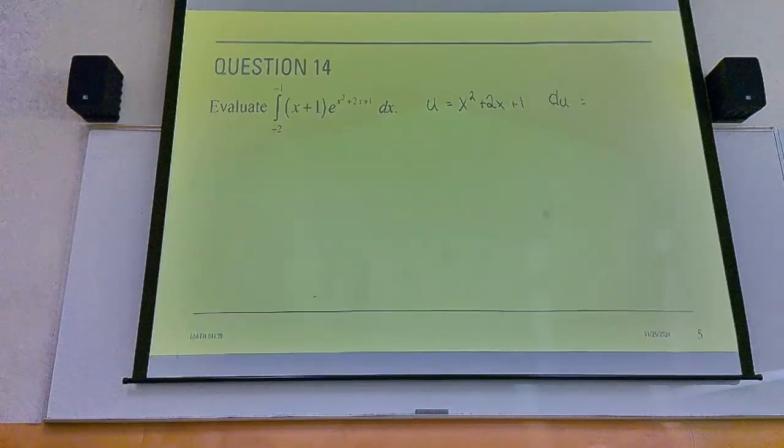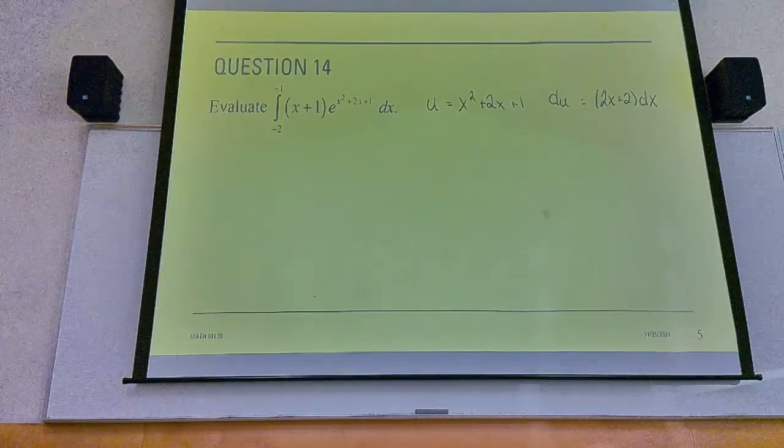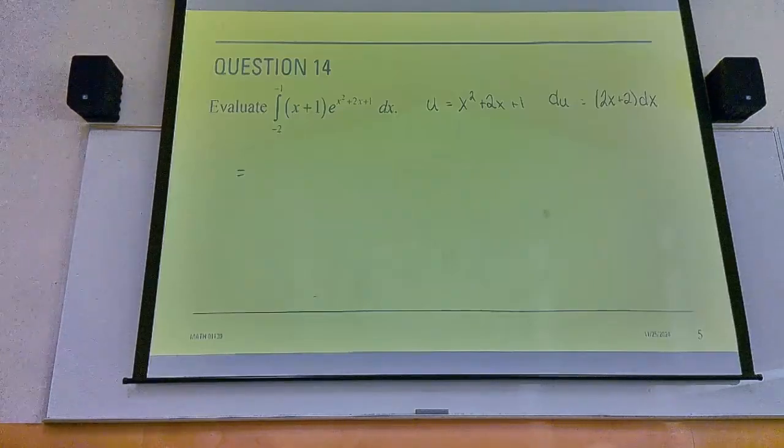What's du? What was it? Do we have a 2x plus 2 dx?